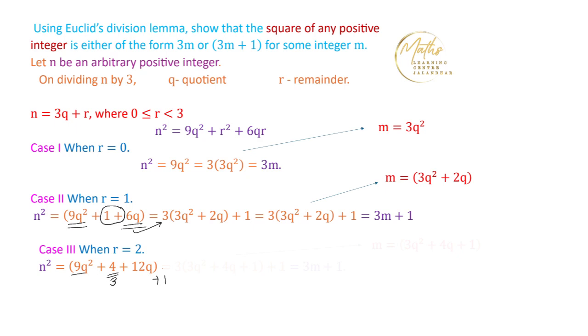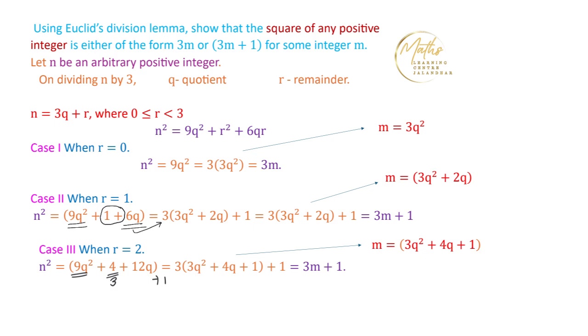Taking 3 common, we are left with 3q square plus 4q plus 1 plus 1. When we substitute 3q square plus 4q plus 1 equal to m, we get that this value is equal to 3m plus 1. And this is what we had to prove.